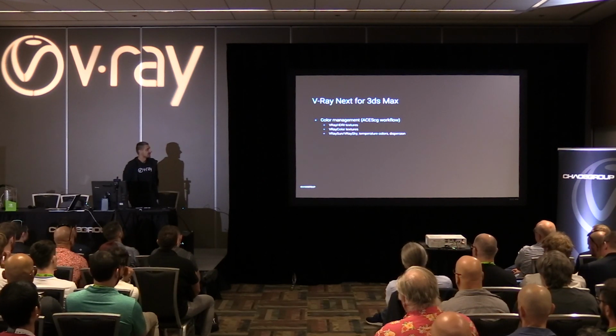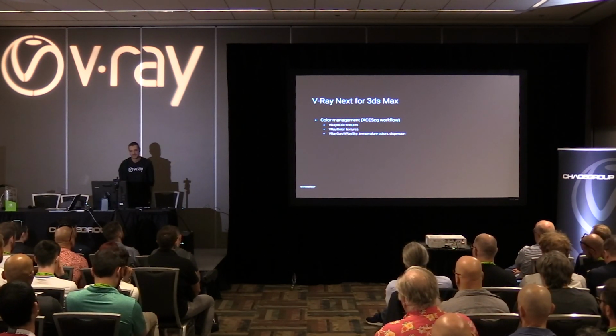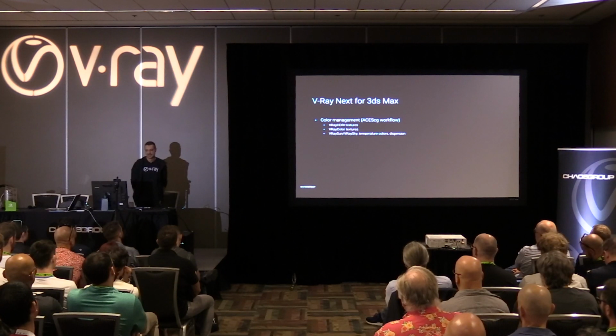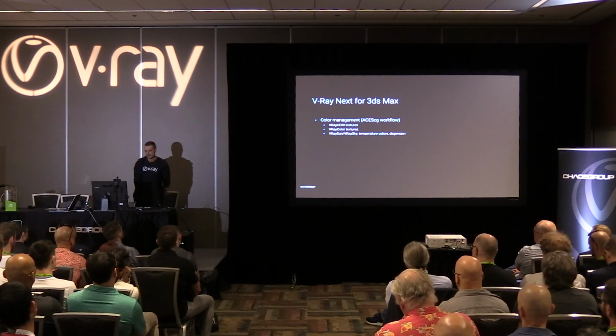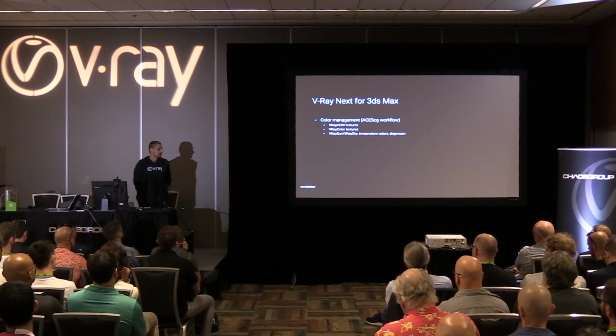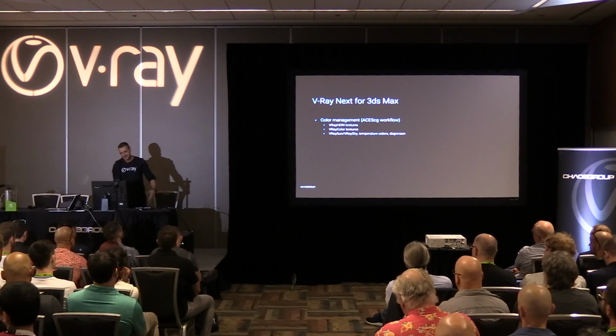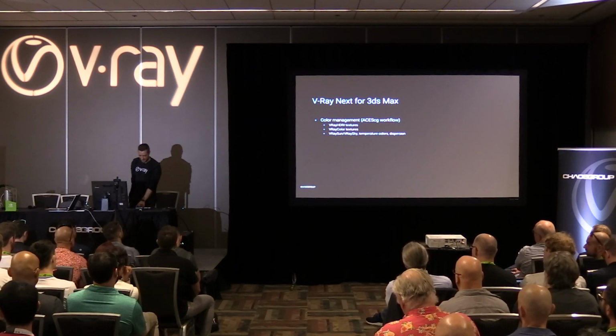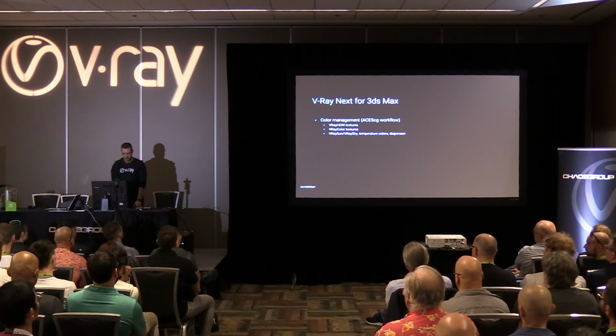Specifically support for ACEScg. For those that don't know what this is, ACES is a color space that is defined by the Academy of Motion Picture Arts and Sciences, and it's designed to be a standard color space for film work.